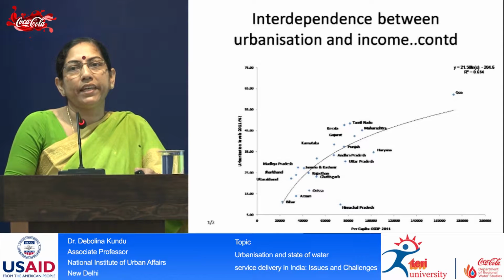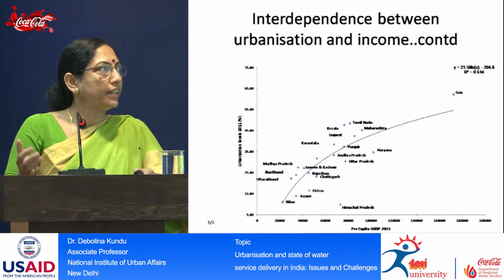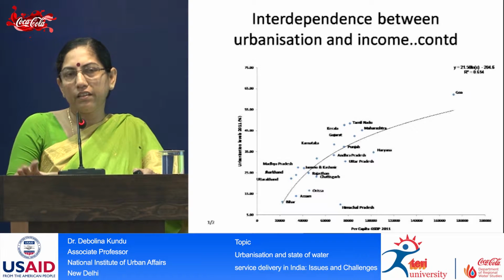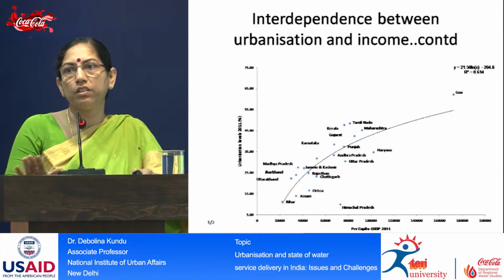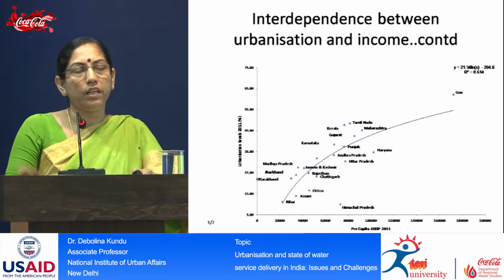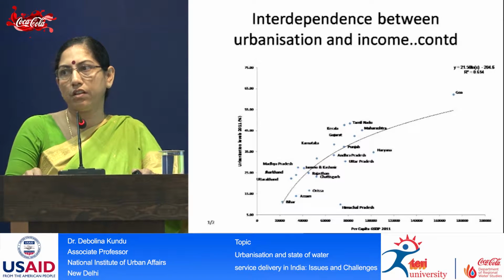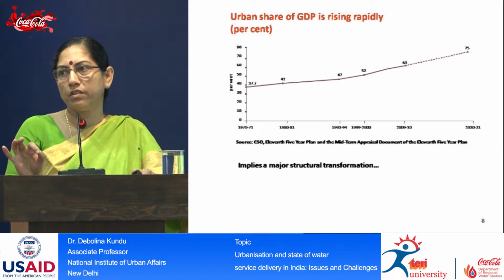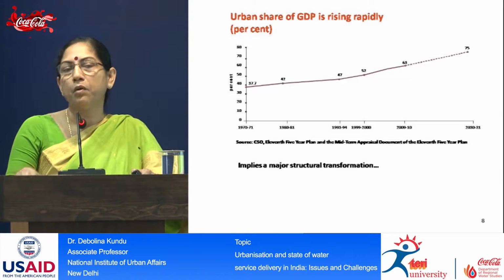Generally, whenever you go to a conference or read a research article, you find it starts by saying India is rapidly urbanizing, which is actually not true. India rapidly urbanized only until the 80s, and since then there has been a decline in the rate of urbanization. Although in absolute terms our population is increasing because we have a large base, the rate of growth has declined since the 80s.